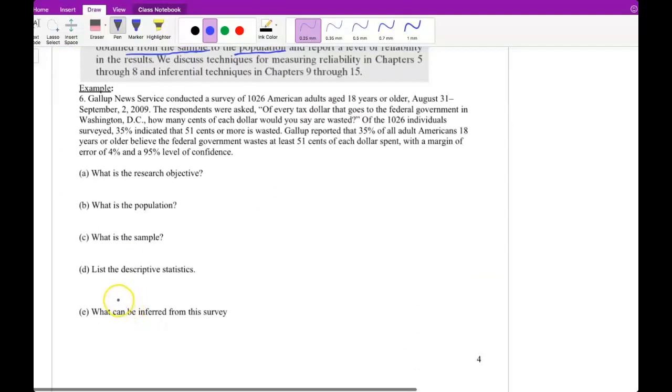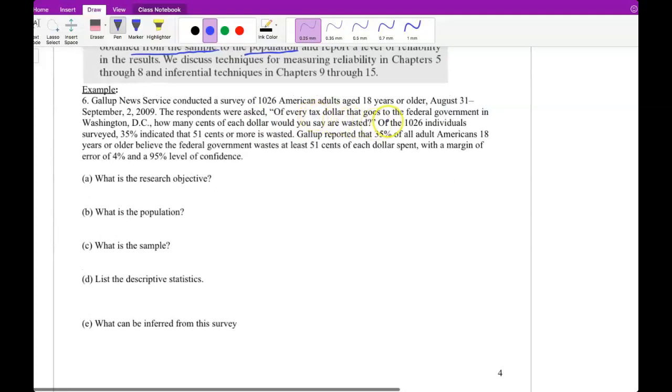Okay, now working on this example. Here we have a survey of 1,026 American adults. They were asked, of every tax dollar that goes to the federal government in Washington D.C., how many cents of each dollar would you say are wasted? So this is the question we have.